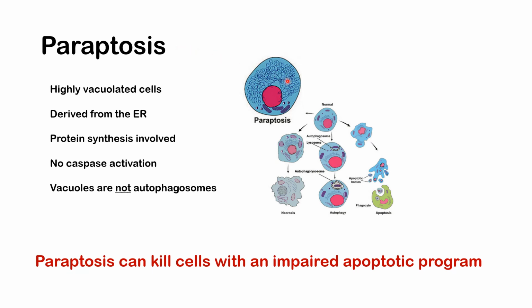This is not apoptosis, where the cell is decomposed into fragments. It's not autophagy, where a cytoprotective effect occurs. It's not necrosis, where the membrane is damaged, but a totally different effect that can kill cells with an impaired apoptotic program.